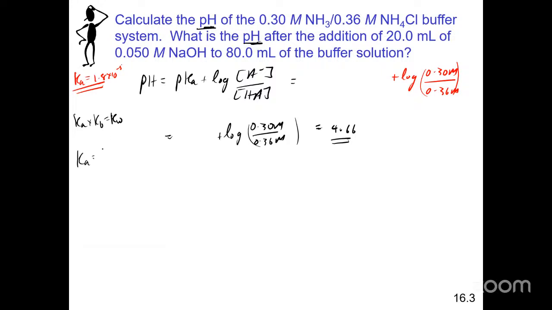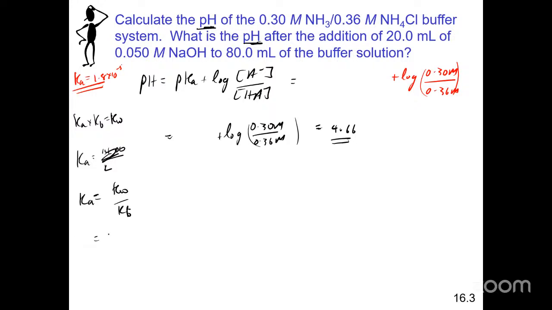Kw, which is 14.00, divided by Kb, which is pKb, which is 4.76. Sorry, Ka is equal to Kw divided by Kb, all right?